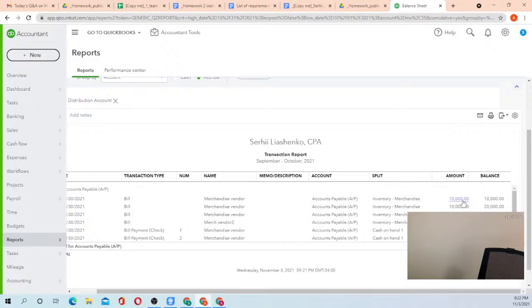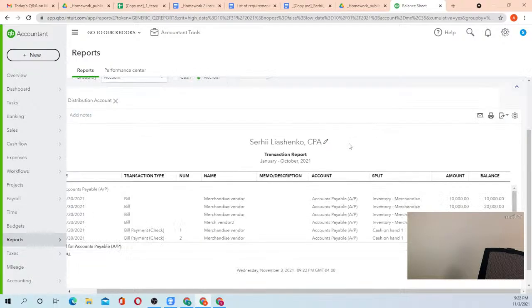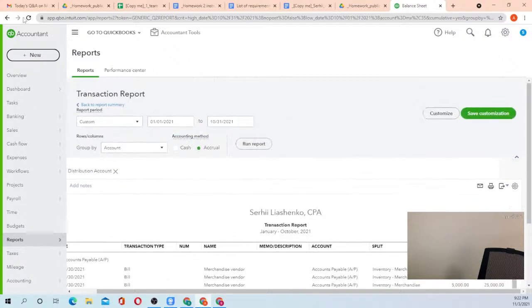So inventory 10,105. That's interesting. I need to look into that. I would expect that the difference is due to accounts payable. But so we have 12,500 in accounts payable.